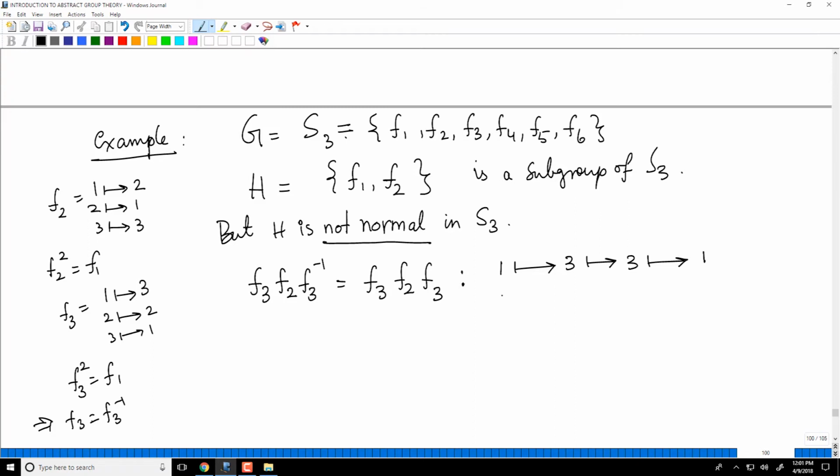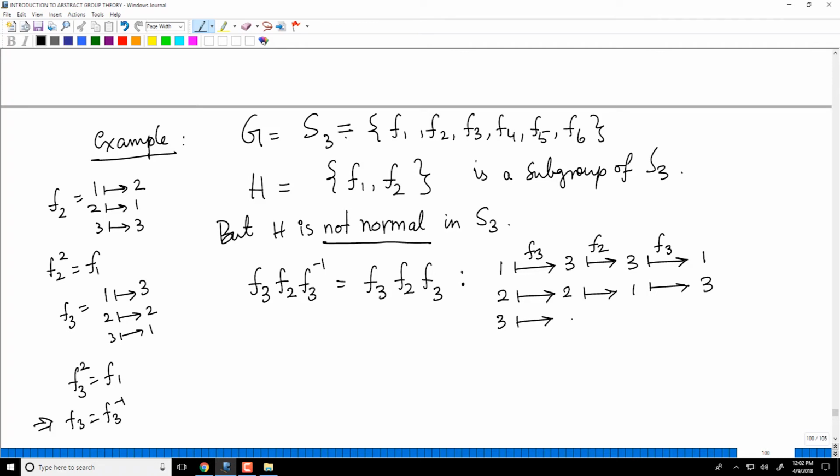And where does 2 go? 2 goes to 2 under F3, 1 under F2, and then 3 under F3.